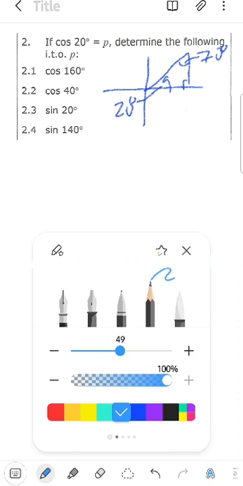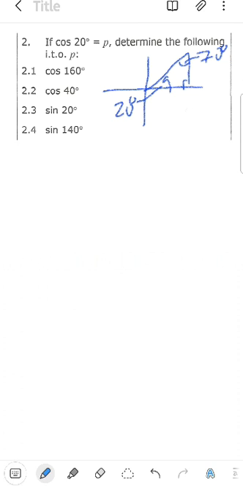So if you fill out our values, now we know that cos is adjacent over hypotenuse. Our value of cos 20 degrees must be the same as P over 1.